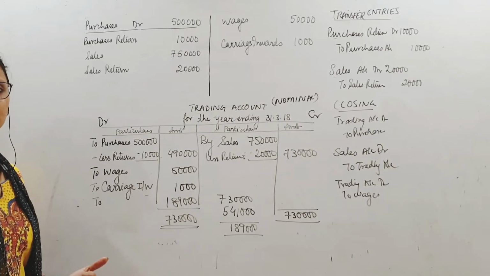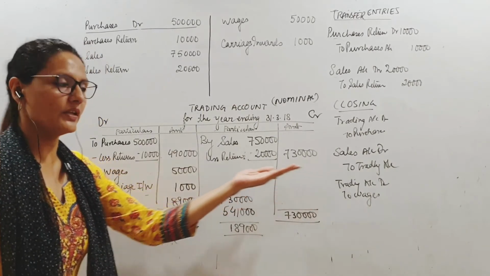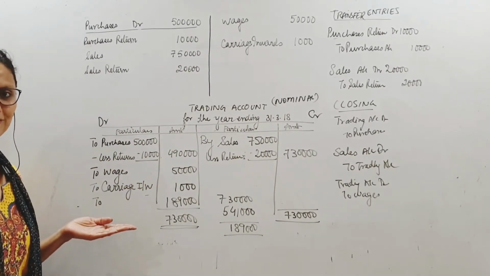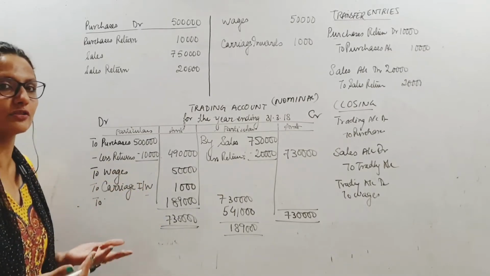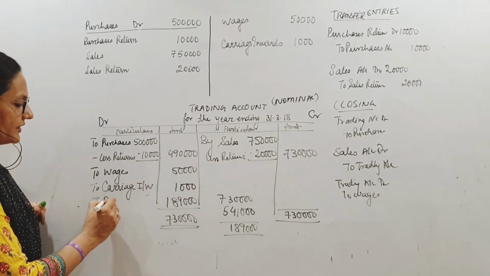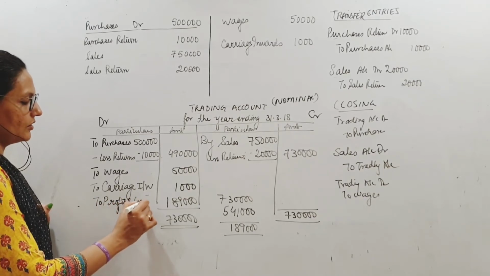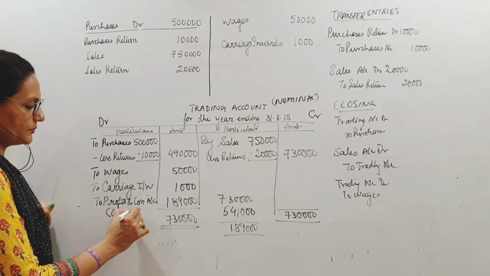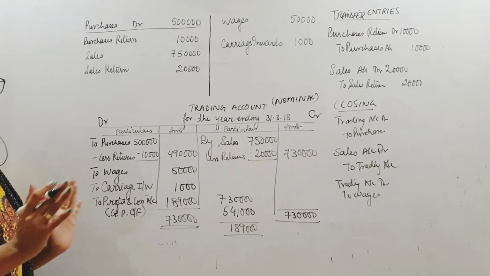What is this 1,89,000? It is the difference between the direct income and direct expenses. This is my gross profit. Alright? But I do not write here gross profit because gross profit is not an account. I am transferring this to profit and loss account. You can write in bracket gross profit carried forward, meaning this is my gross profit.